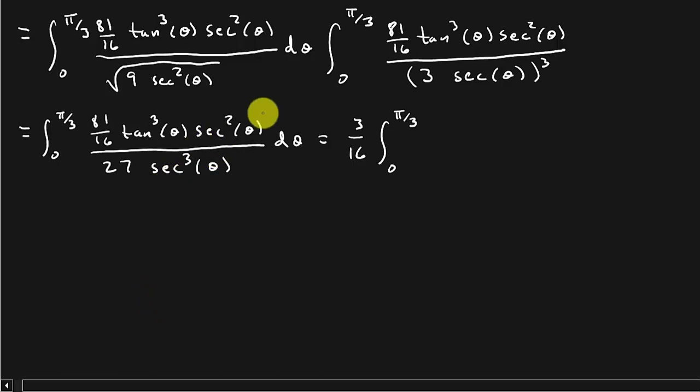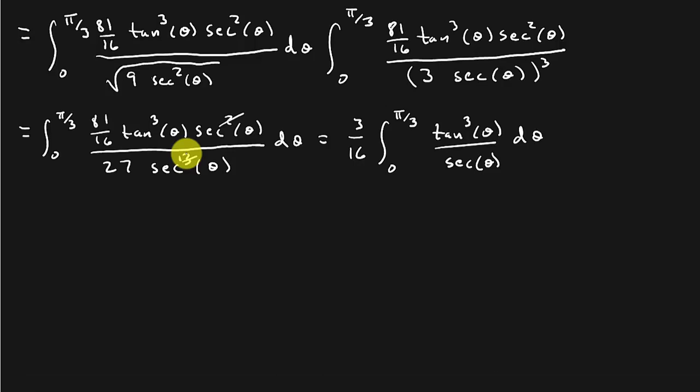And then, let's see, secant cubed and secant cancel. So I'm going to be left with tangent cubed theta over secant theta d theta. See, the cubed and the squared cancel. I'm left with the secant to the first power. All right.